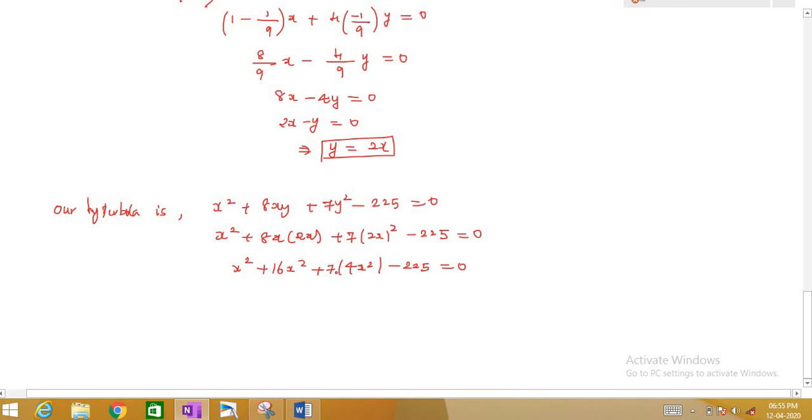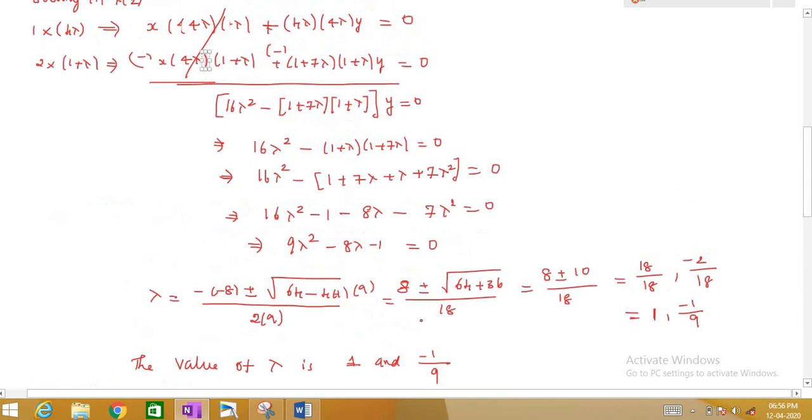So 17x square plus 28x square minus 225 equal to 0. If I add 28 plus 17, it will be 35, right? So 35x square is equal to 225.